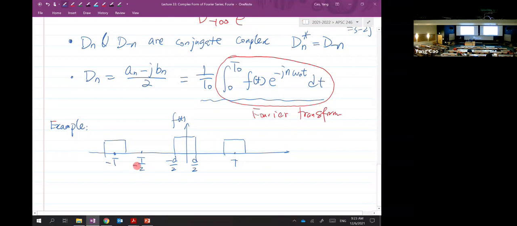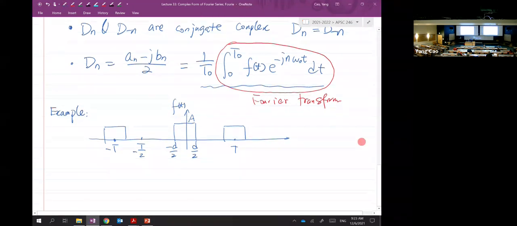The amplitude is, let's say, A. So when you're presented with this graph, the first fundamental skill is to find the period of this function. You need to write down the period.